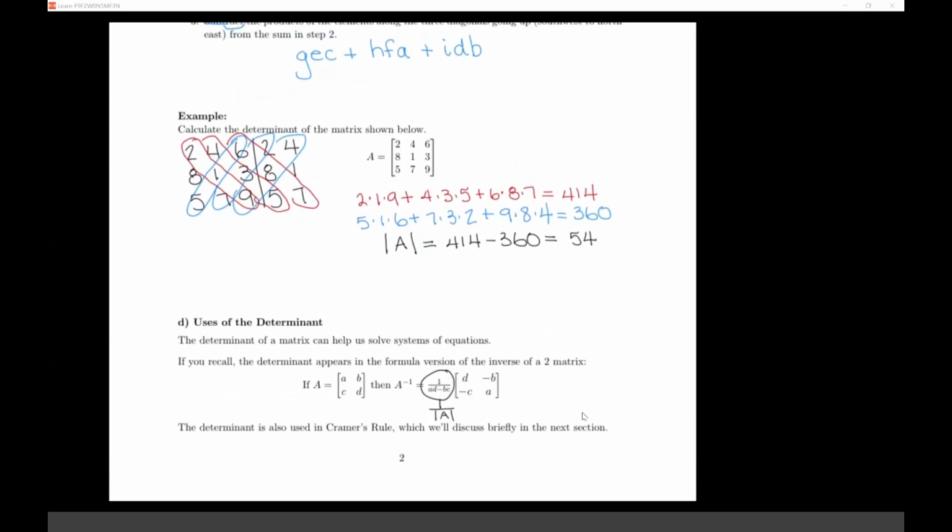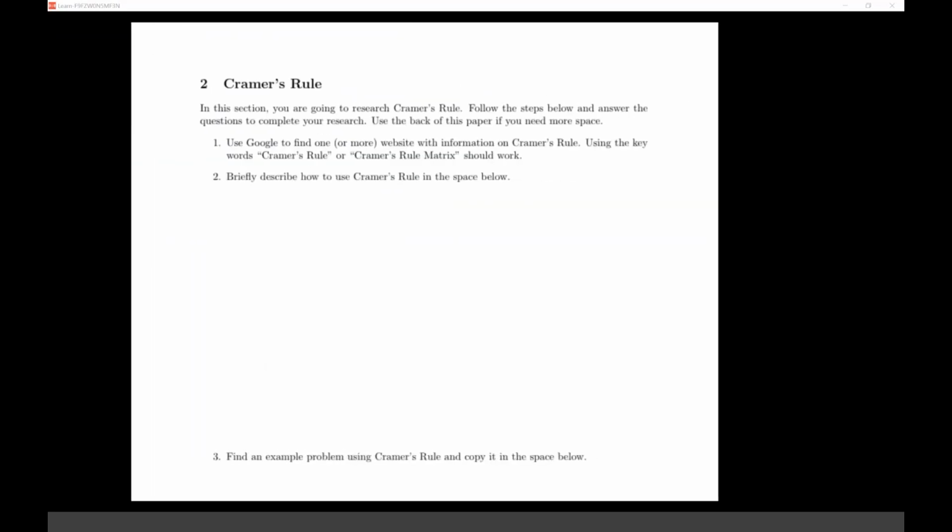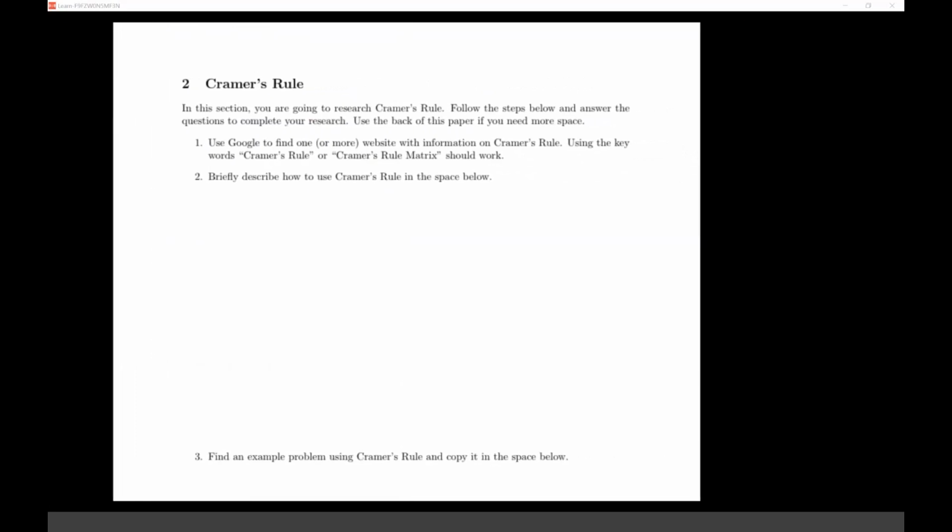So let's talk about Cramer's rule. This was originally designed for you to do some research, but I'll walk you through it. Ideally, we would research Cramer's rule using Google, and we can look up keywords like Cramer's rule matrix, and then describe it.